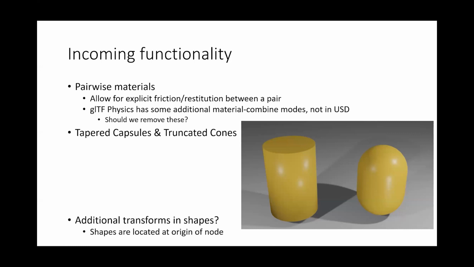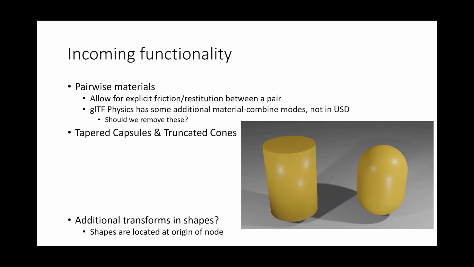And I would like to soon propose a revision and an update of the USD physics schema where it's possible to specify, sparsely, that if you know exactly what the coefficient of friction is between, let's say, rubber and concrete, then you can say what that is, and you don't have to try to derive it with a mathematical formula or by averaging the hypothetical rubber and the hypothetical concrete coefficient.